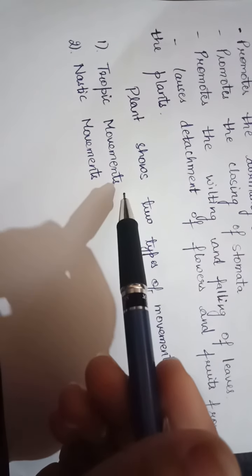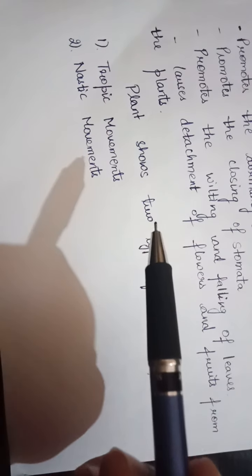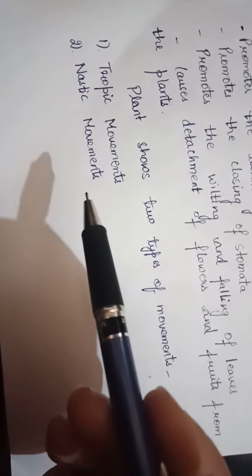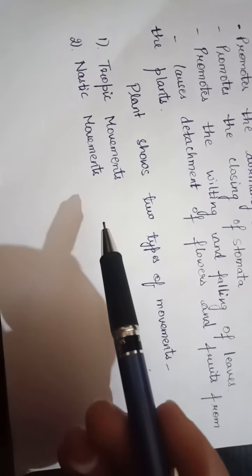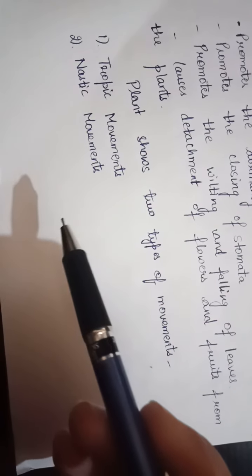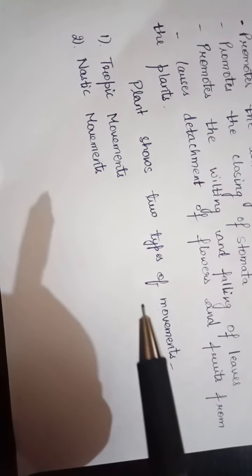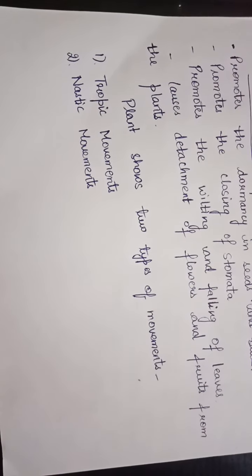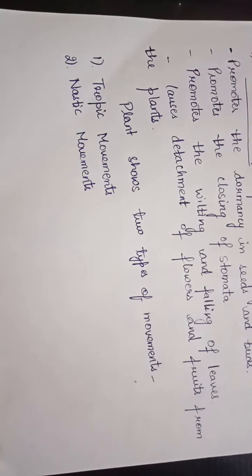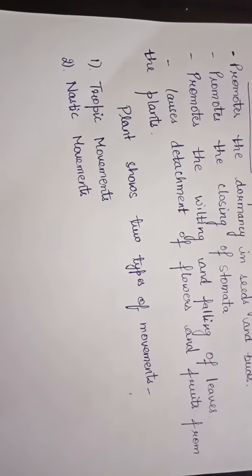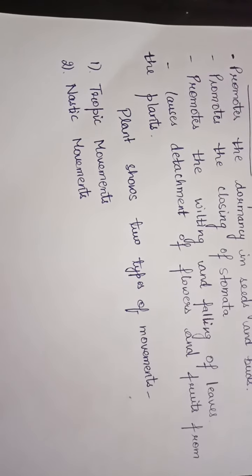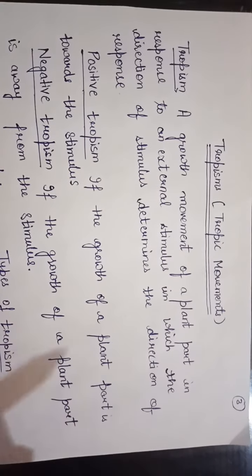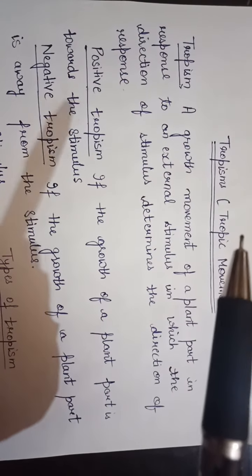Tropic movements are growth movements, and nastic movements may be growth movements and they can be growth independent movements. We have to discuss these movements in detail. First we will discuss the tropic movements, and then later the nastic movements.